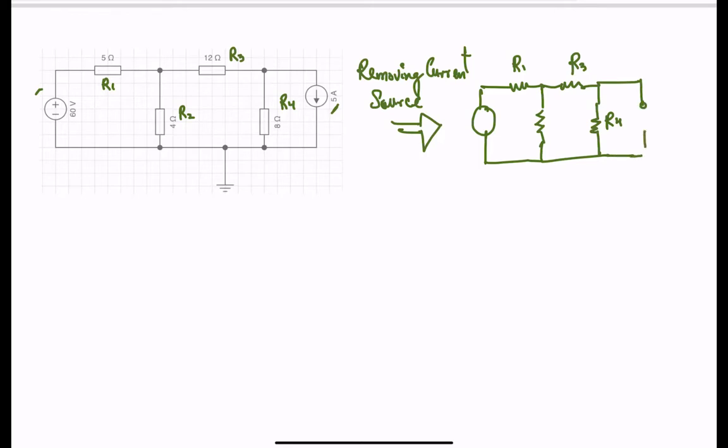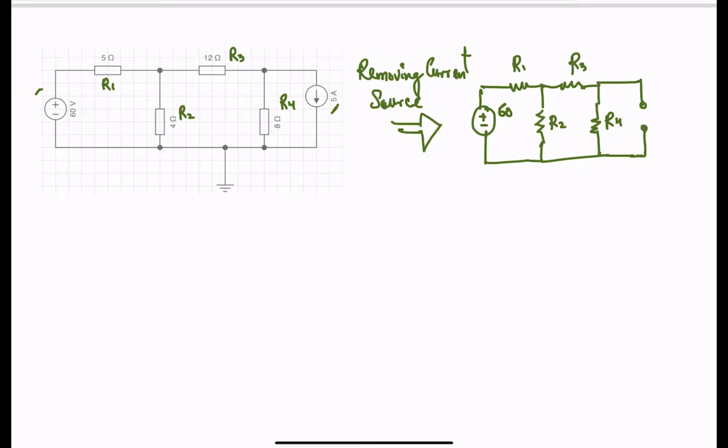When you remove the current source, you just open the circuit right here, correct? Now remember you have R2 over here. The first thing we need to do, just like in Thevenin's theorem, is find the equivalent resistance for this network. And this is going to be the 60 volts power supply over here.